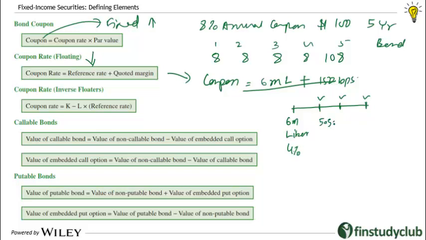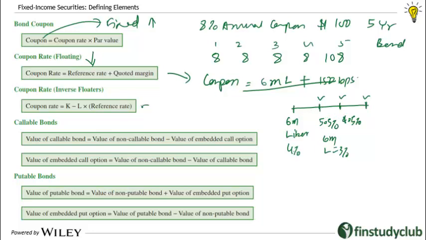That's going to be the coupon on the first payment date. Depending upon what the 6-month LIBOR is over here, so let's say it's 3%, then 3 plus 1.5, 4.5% is going to be the next coupon payout. So one would know 6 months in advance what is going to be the coupon 6 months down the line. So that's floater for you.